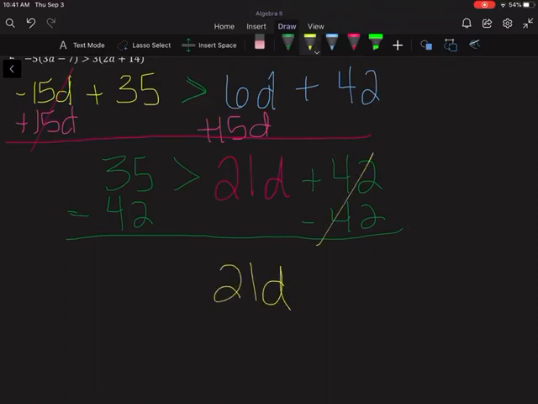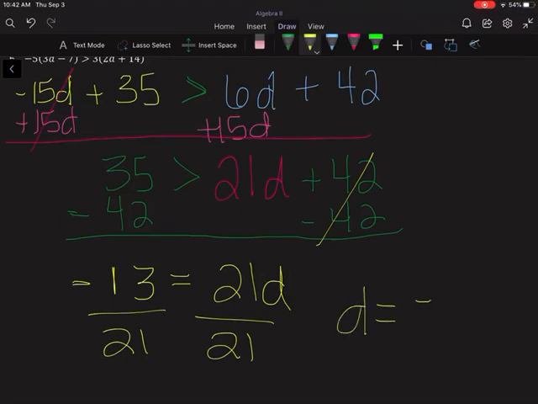And I have 21d. This goes away. And 35 minus 42 is negative 13. And last but not least, divide by 21.